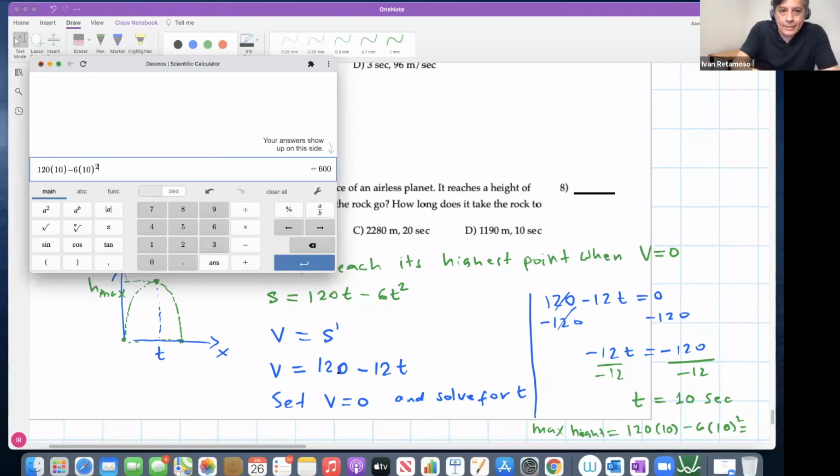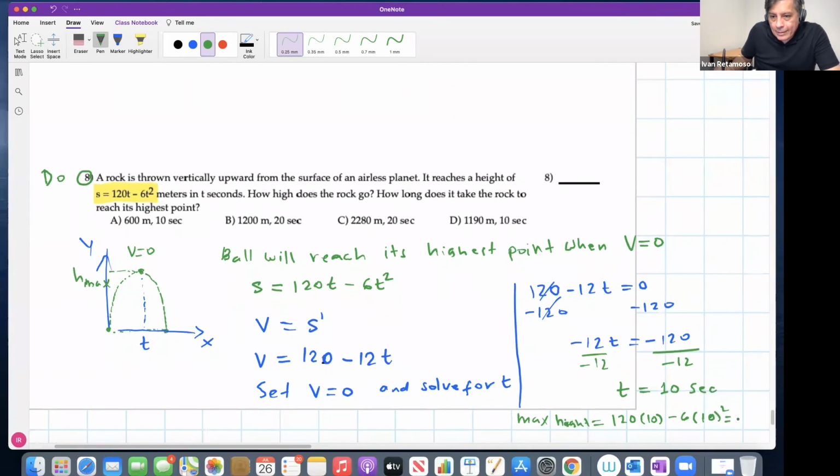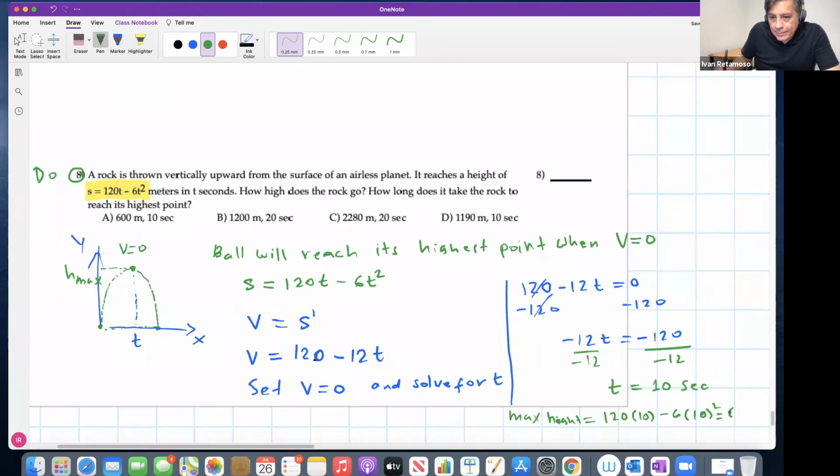So that is 600. And remember, we are measuring this in, I think, meters, right? 600 meters. That should be the maximum height. So time 10 seconds, maximum height 600 meters, right? You follow, guys? 600 meters here. So it should be this, right? Very good, very good.